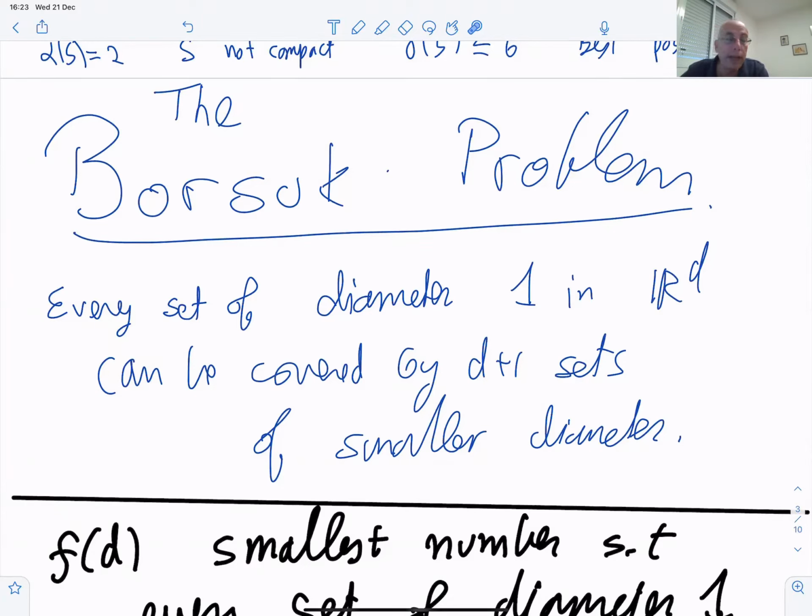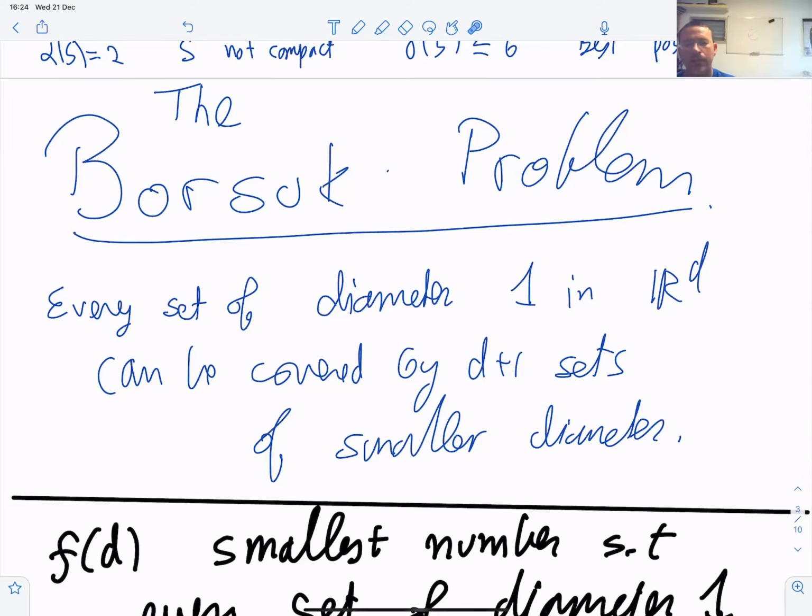So even for this very simple problem, to start with the unit ball, you want to cover it by d plus 1 sets of smaller diameter. What is the minimum possible diameter? There are some bounds, of course, based on volume considerations, but the answer is not known.